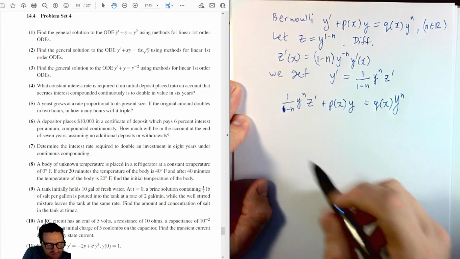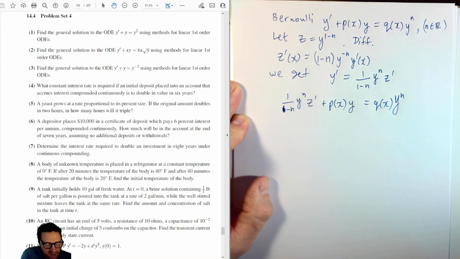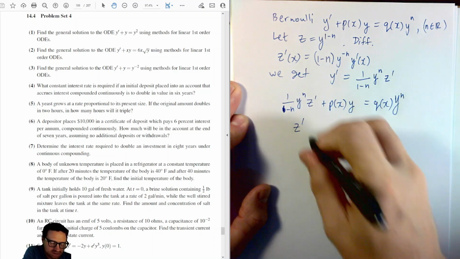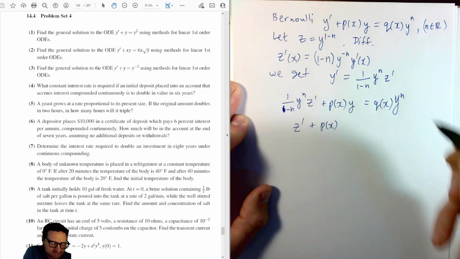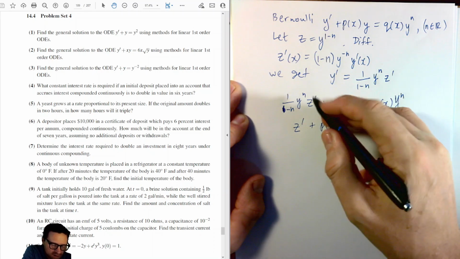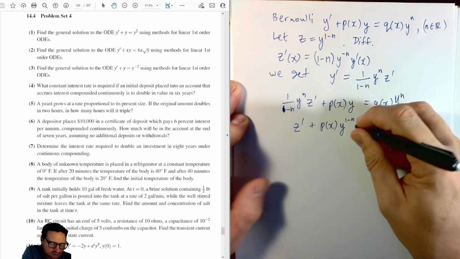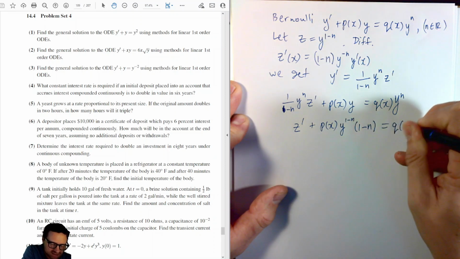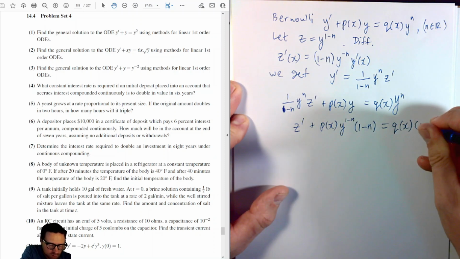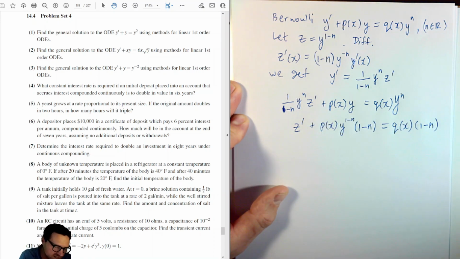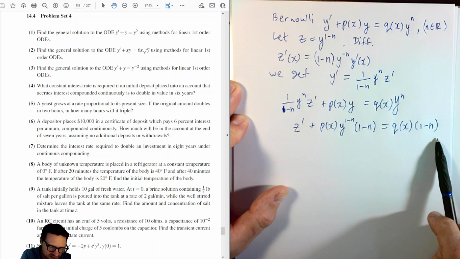At the same time we can multiply by 1 minus n, and so when we do that we get z' plus p(x) y to the power of 1 minus n equals q(x) times (1 minus n). Because here when we multiply throughout by y to the power of minus n, we cancel this y to the power of n, and this is what we're left with on the right hand side.